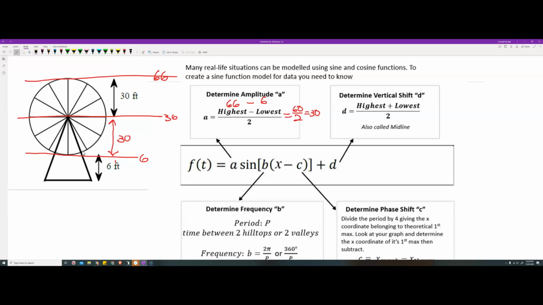My vertical slide, or midline, I'm going to take the highest, which is 66, add the lowest, divided by 2, so that's 72 divided by 2, which is 36, and that's our D value, and our A value is 30. Remember, D is the same as the midline, or the vertical shift. Midline and vertical shift are the same thing.